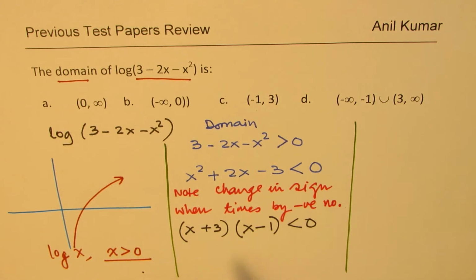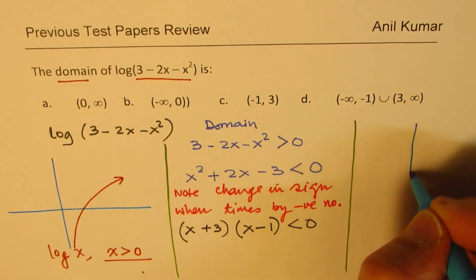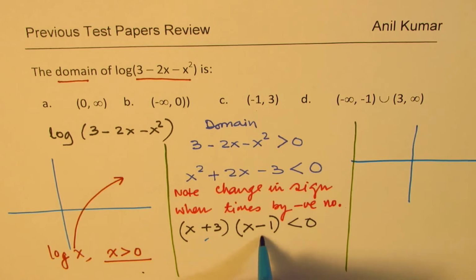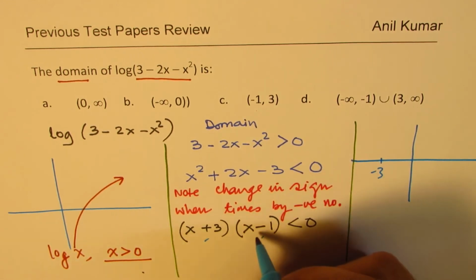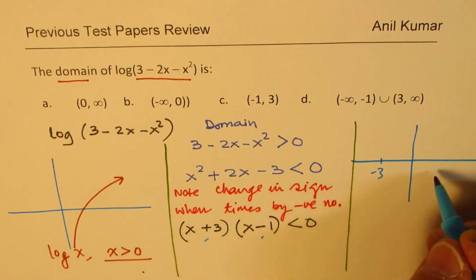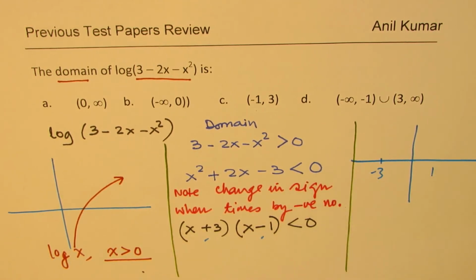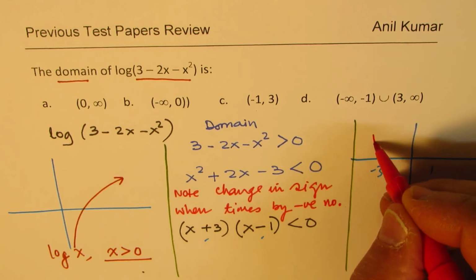I will prefer to solve this with a graph. So we can graph this quadratic, right? It has 2 zeros. One is at minus 3. The other one is at 1, correct? And since this parabola is opening upwards, we could sketch it kind of like this, right?